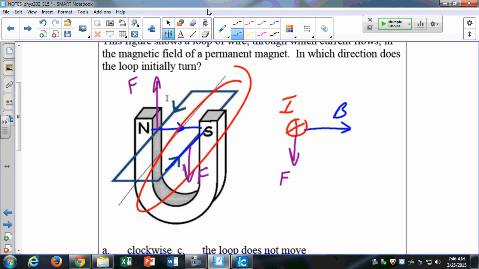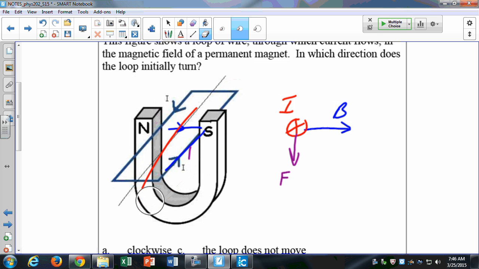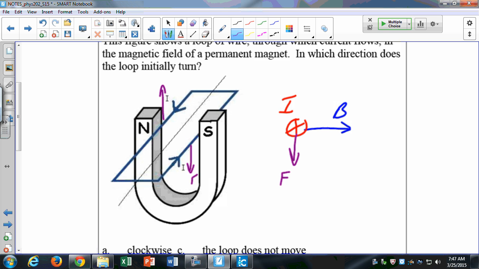All right, now what happens to this? It's kind of cool, actually. If you have a motor that's set up like this, as it is here, I'll have a force in this direction and a force in this direction. What happens to this loop when it flips over, when it turns from this direction all the way over to the other direction?